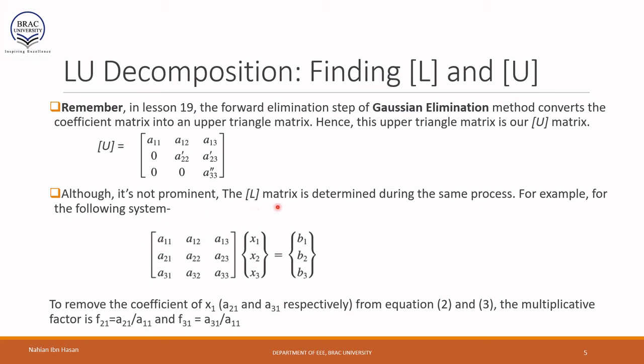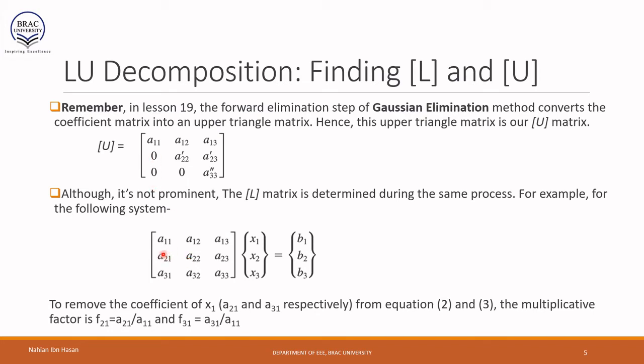So first of all, how can we get the L matrix? This is the coefficient matrix and we convert this matrix into an upper triangular matrix in the Gaussian elimination method. But in the process, if you remember, what were the multiplicative factors to convert this matrix into the upper triangular matrix?